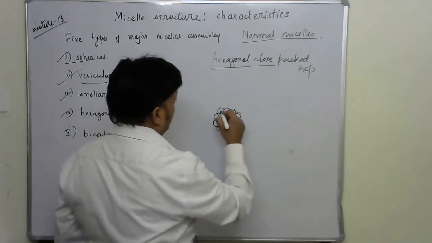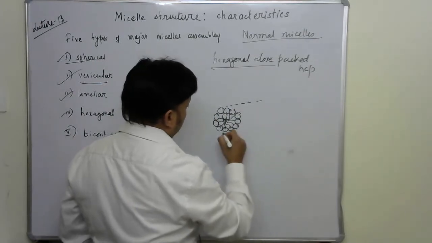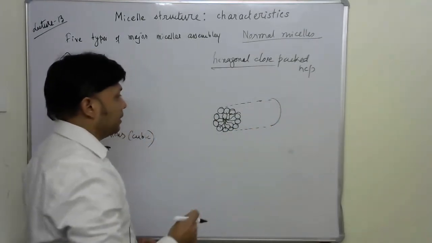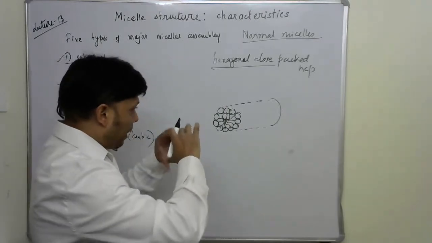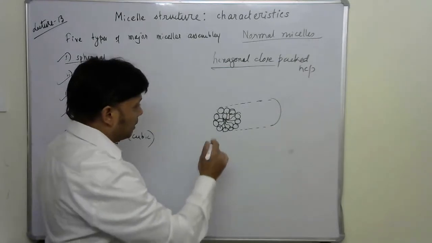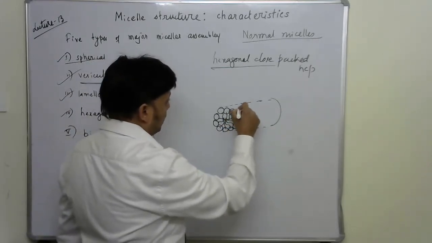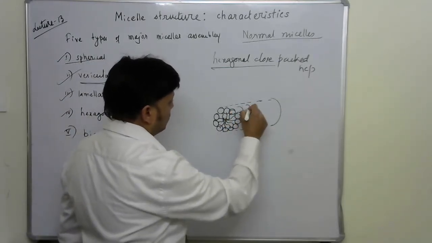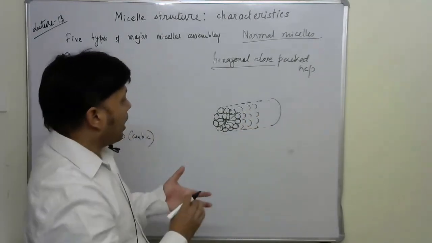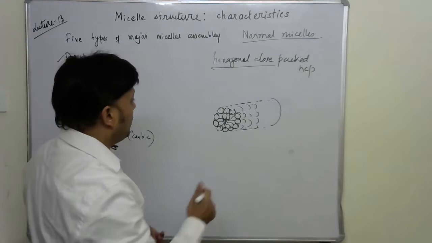So it is not exactly spherical. Cylindrical means, this is a three-dimensional structure. It goes like this. So the surfactant molecules are packed in the form of a cylinder. Outside you have this polar head group, like this, and inside we have the hydrophobic core.